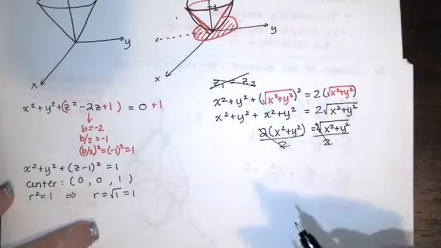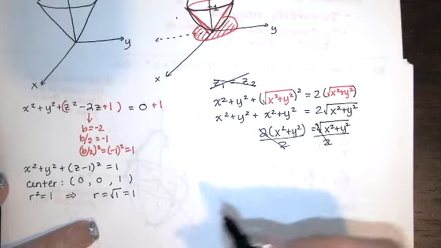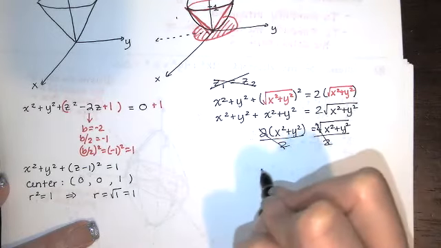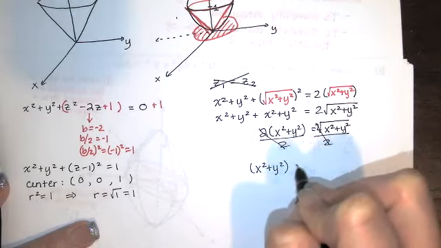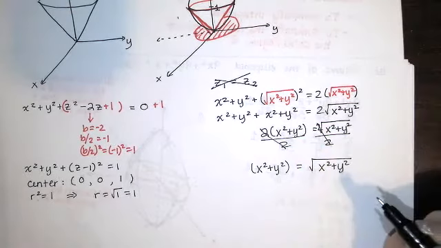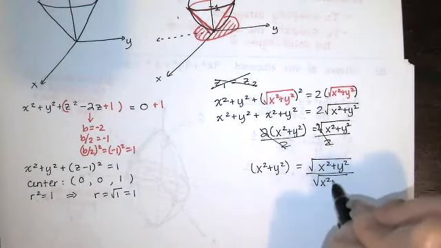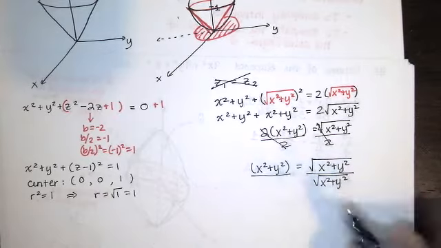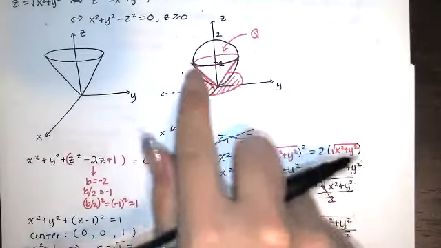I've got this and its square root over here. So I guess we could divide both sides by that square root. That's legal as long as x squared and y squared are not 0. And when we're on this curve, they're not.